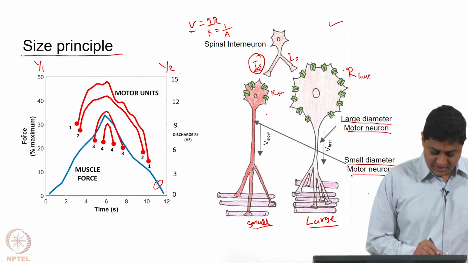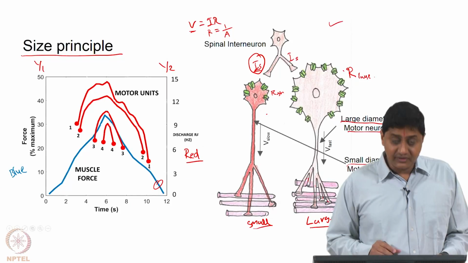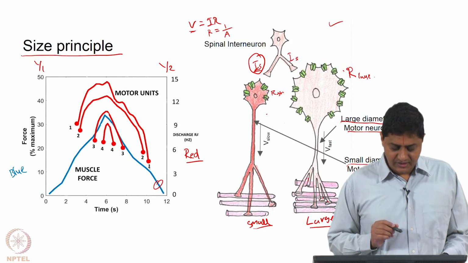On the y1 axis the plot is in blue, this is the blue plot, and that is the red plot, just so you know how to read this properly. I want to produce the force shown by the blue plot.